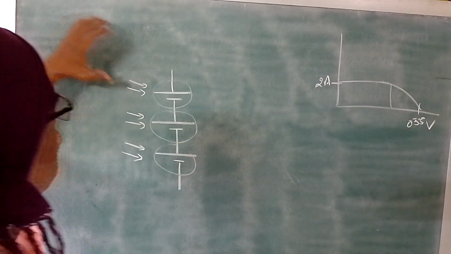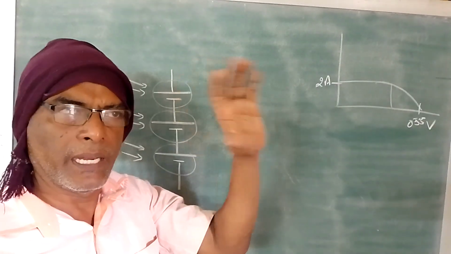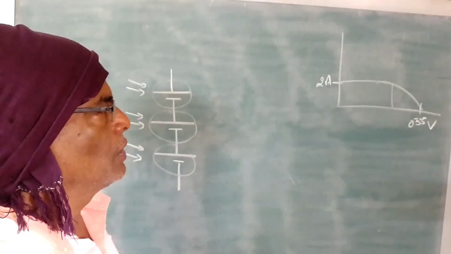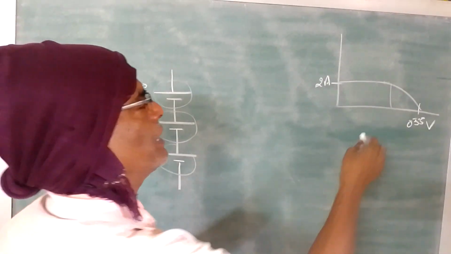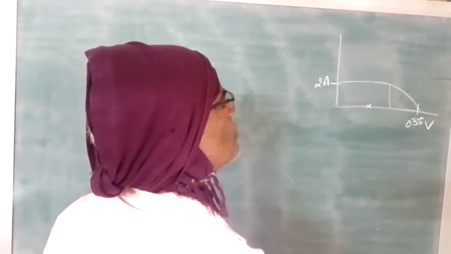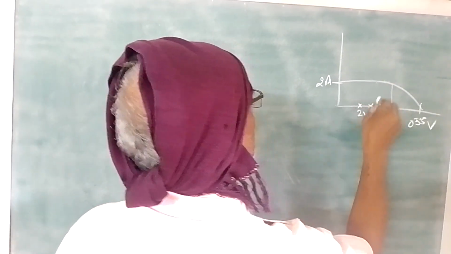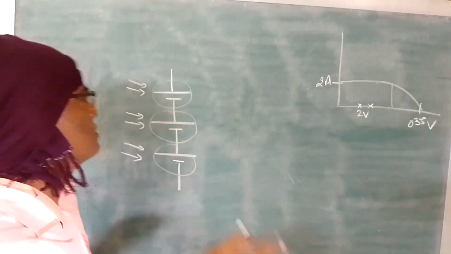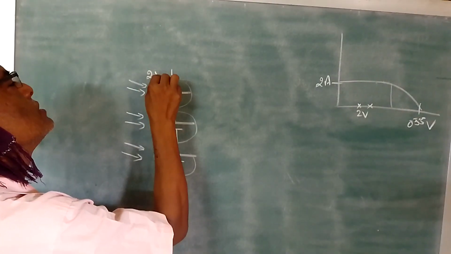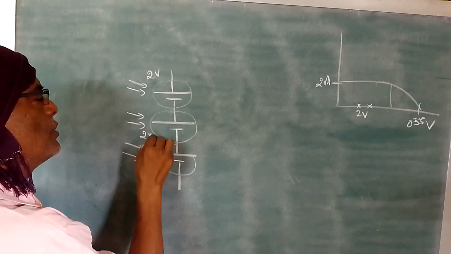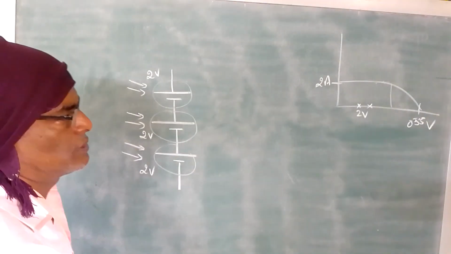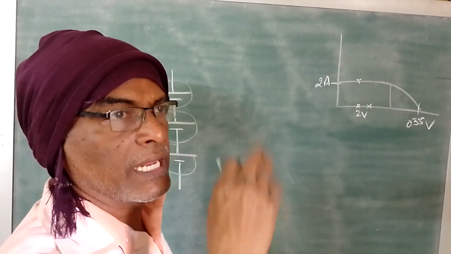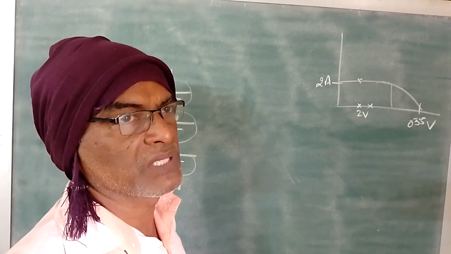So if you illuminate the solar panel or photovoltaic cells and you connect in this fashion, say I am operating like here, say 2 volts. Assume that all are equally illuminated. So this will give you 2 volts, this will give you 2 volts and this will give you 2 volts. At this condition, you can get a maximum of 2 amps current.